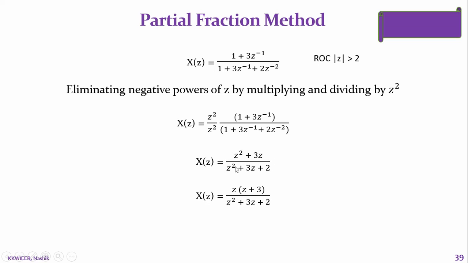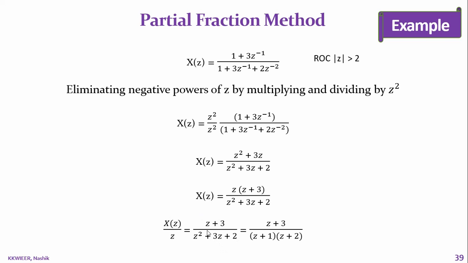Now take z common from the numerator. So z into z plus 3 will be your numerator and the denominator will be z square plus 3z plus 2. So this is nothing but the multiplication of z plus 1 into z plus 2. So your numerator will be z plus 3 upon denominator z plus 1 into z plus 2.